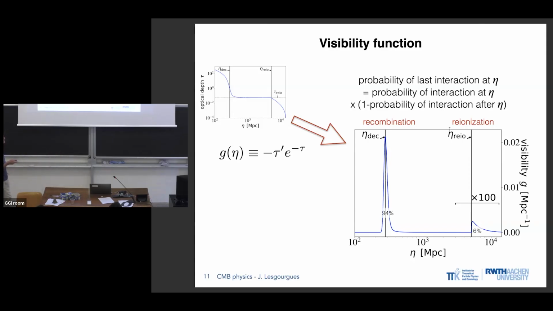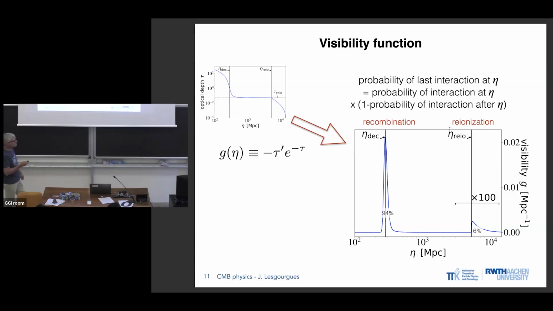Minus tau prime is nothing but gamma. And this gamma here is multiplied by a factor smaller than 1, which suppresses the probability, which accounts for the fact that the photon should not have rescattered later on. And so the combination of these two factors gives you this probability function.